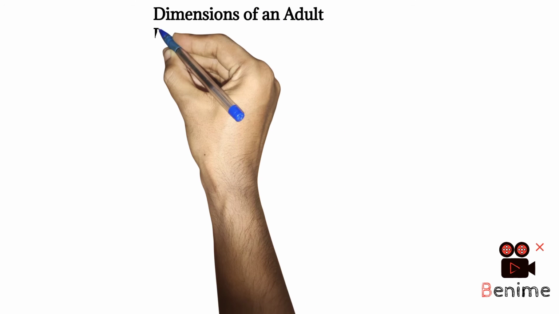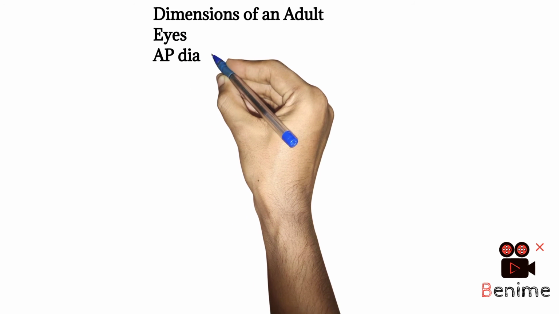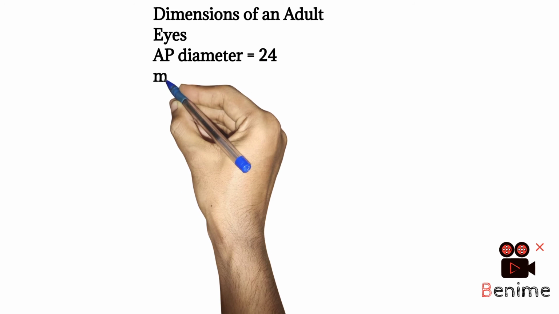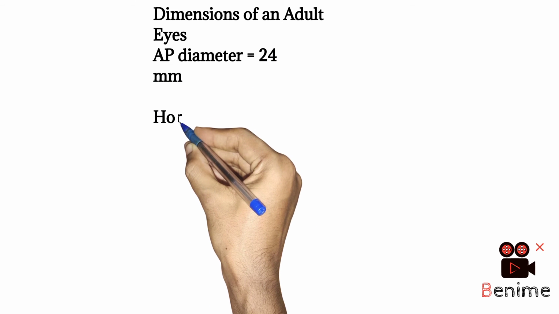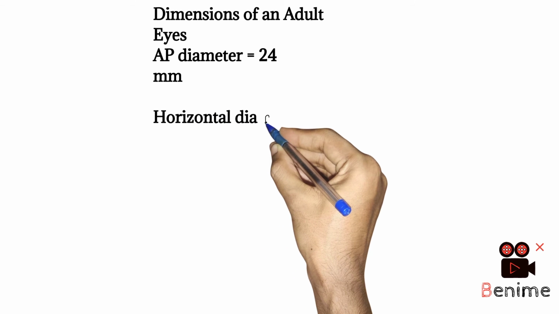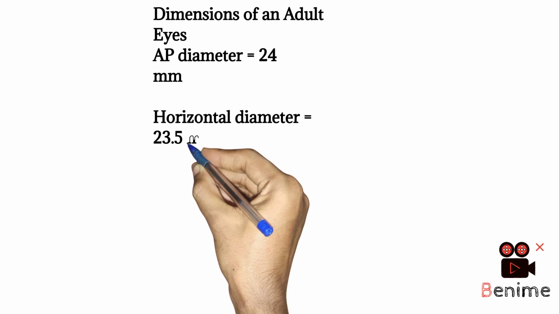Anatomically, the eye has the following dimensions. Anterior-posterior diameter, that is measuring from the back of the eye to the front of the eye, measures around 24 millimeters. Horizontal diameter, 23.5 millimeters.